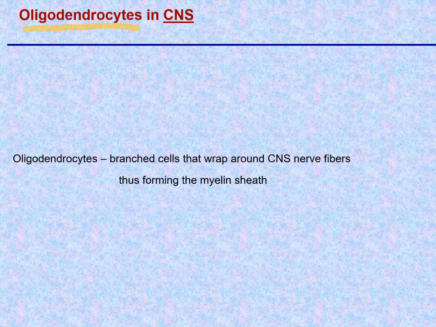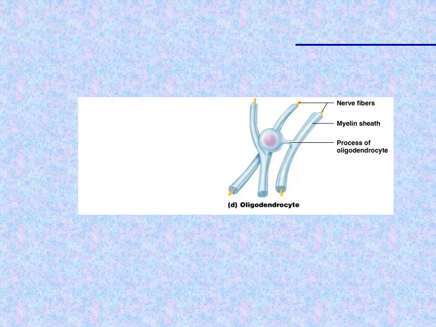Oligodendrocytes are highly branched cells that wrap around fibers coming from neurons in the central nervous system. They form that insulating wrap around the nerve fibers. They're forming a myelin sheath. That's what's called a myelin sheath.